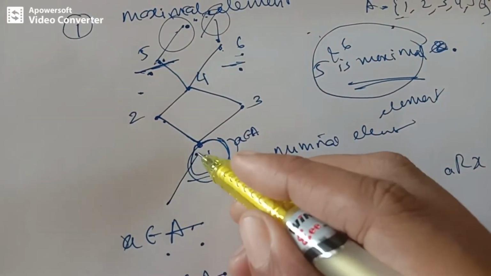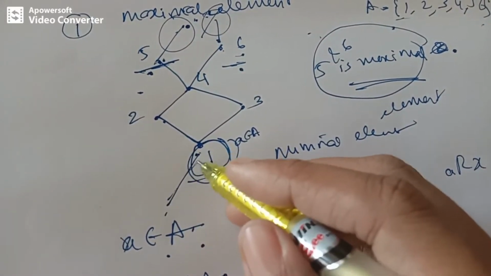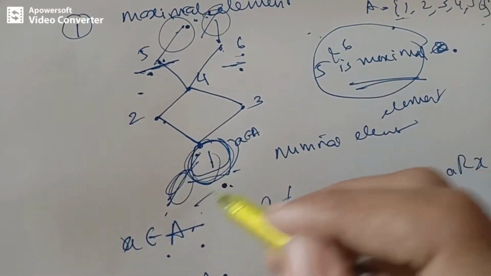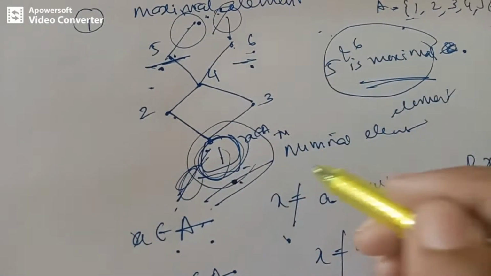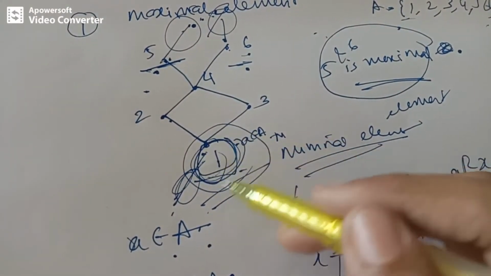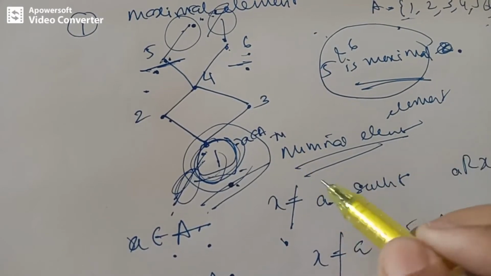That means I do not have any other edge which reaches that particular element. According to this Hasse diagram, 1 is the minimal element because I do not find any edge terminating at this 1. Therefore 1 is the minimal element.